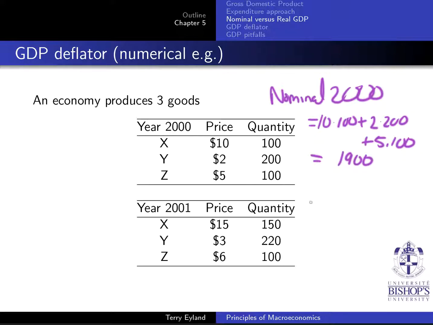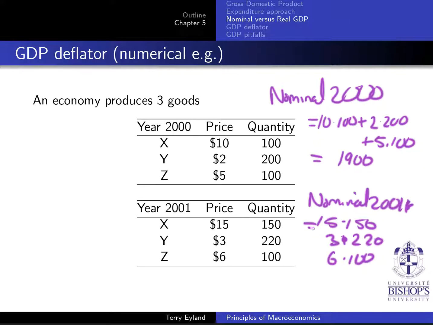Over here, nominal for 2001 is 15 times 150 plus 3 times 220 plus 6 times 100. So if I add all of this up, I believe it's 3,510. That is my total.